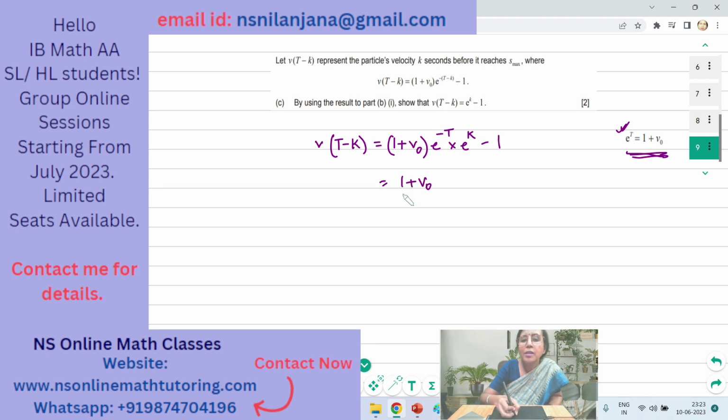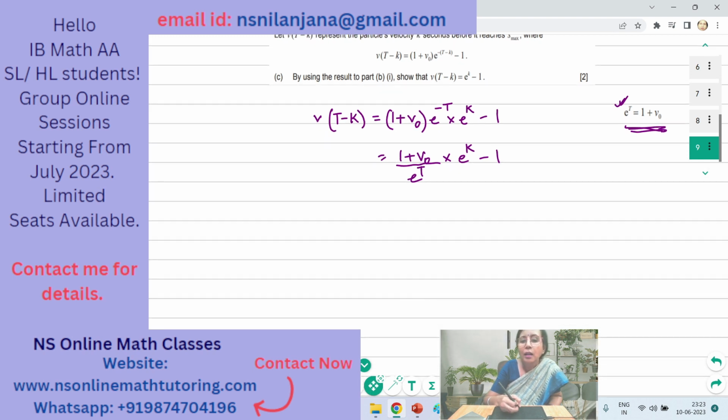It is 1 plus V0 over e to the power of capital T, times e to the power of k minus 1. And in place of e to the power of capital T, I'll be writing 1 plus V0. So it is 1 plus V0 over 1 plus V0 times e to the power of k minus 1.